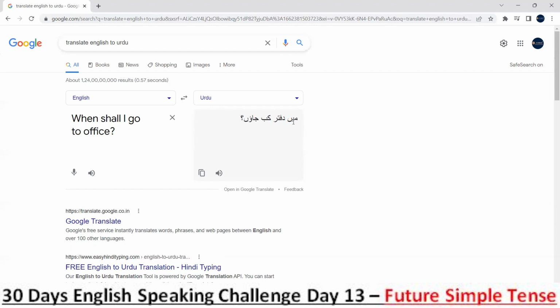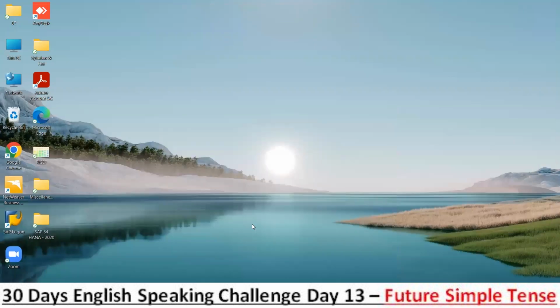This is the correct translation in Hindi or Urdu. But in English, it starts with the WH word, then helping verb, then subject, then verb, and then the rest of the words. So when shall I go to office? Okay, this is how you can translate in Hindi or Urdu.